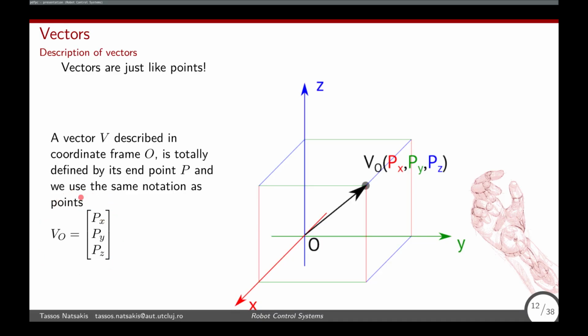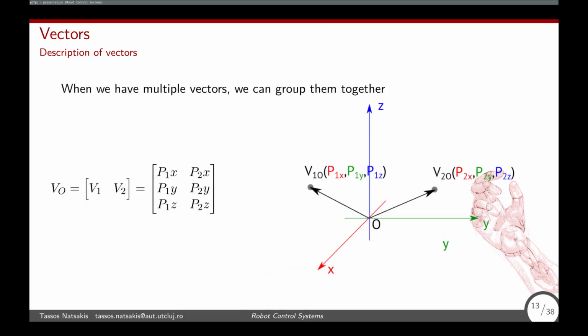Good. Now, if we have 2 vectors we want to talk about, we can group them together in a matrix or an array. I have again the square brackets, and I have 2 columns. Each column is about one of the 2 vectors. So here I have v1 with respect to 0, so this would be v1,0.